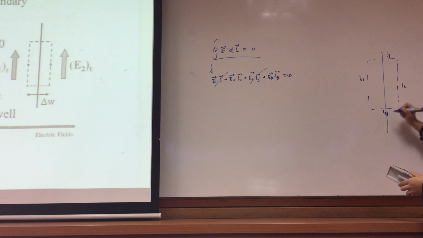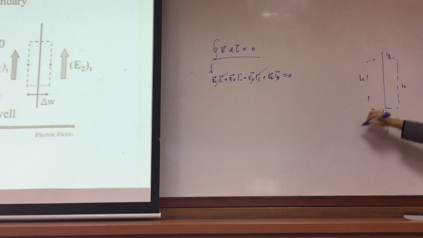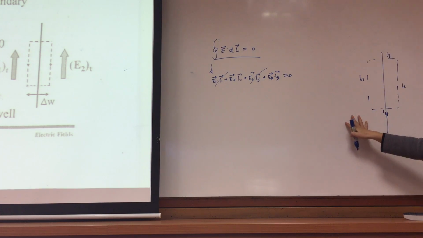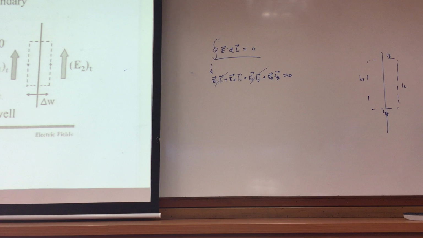First of all, what is a boundary condition? This is your boundary, and this side is one kind of environment, and this side is another environment. Two different materials.